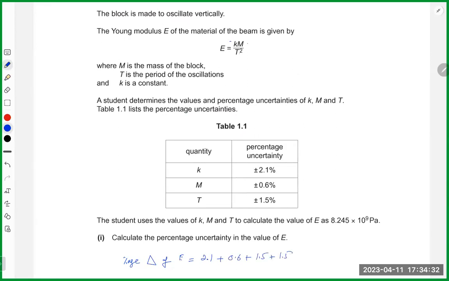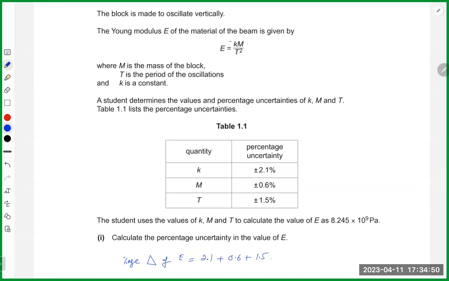You would say, why did I do 1.5 plus 1.5? Answer is that because there is a square on T. So this means I have to add T's uncertainty twice. But if you don't want to add it twice, you have to multiply it with 2.